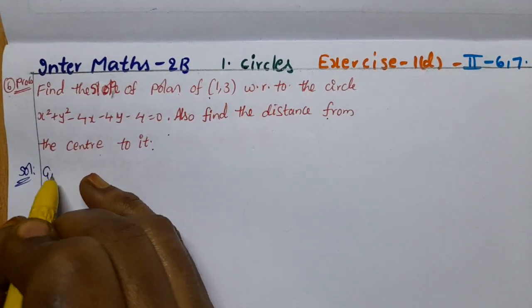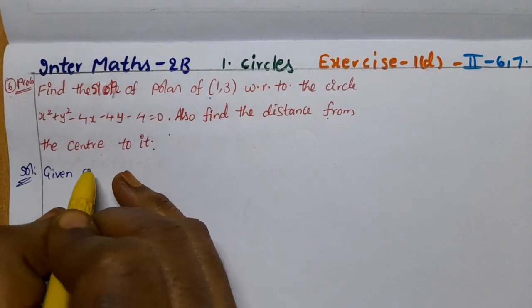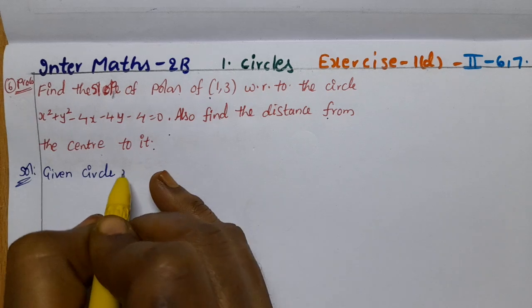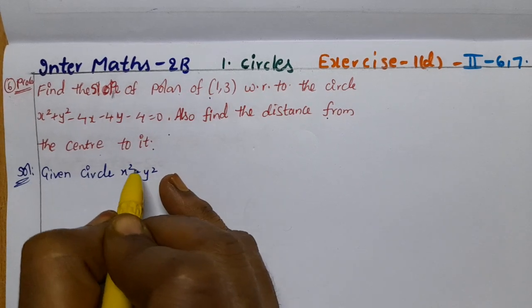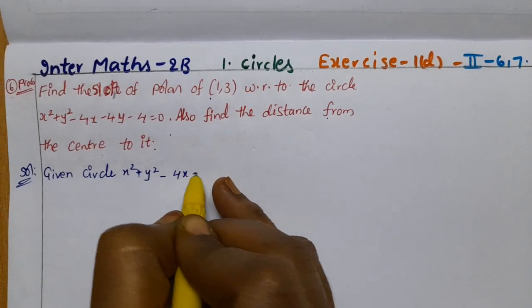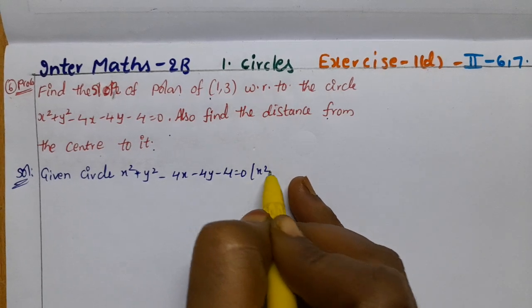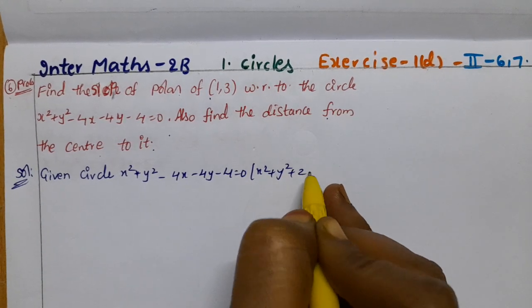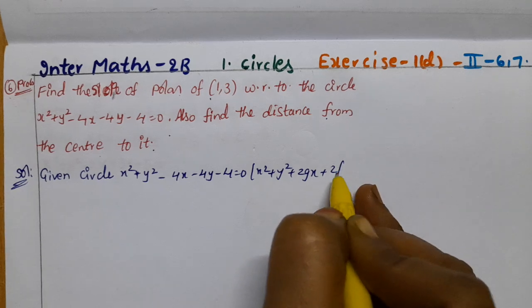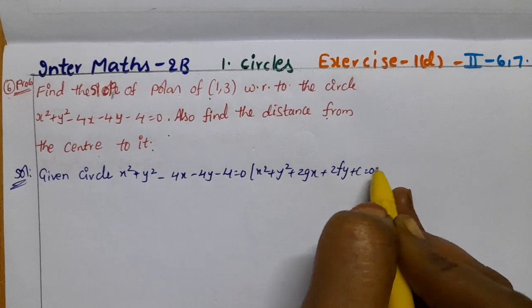Given circle x² + y² − 4x − 4y − 4 = 0. Compare with x² + y² + 2gx + 2fy + c = 0.